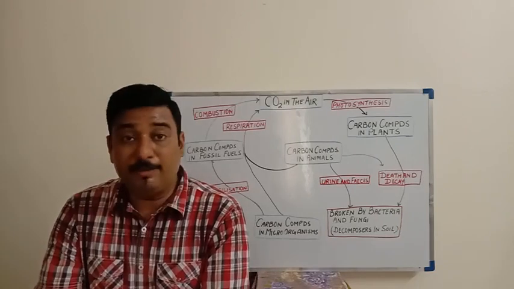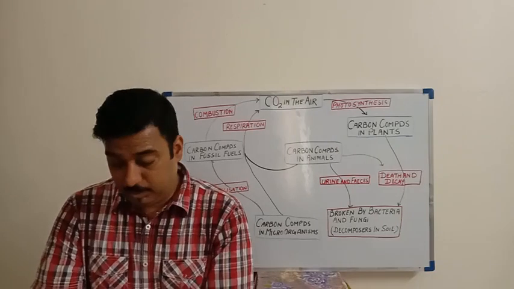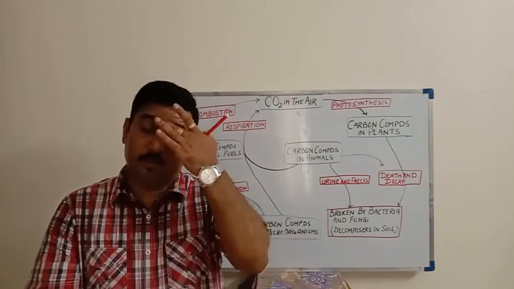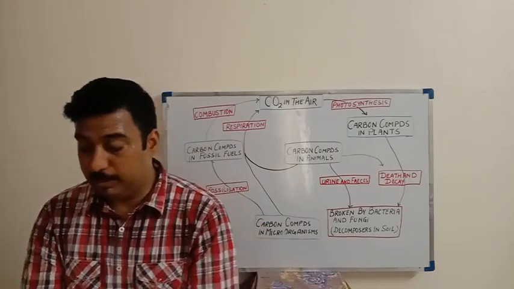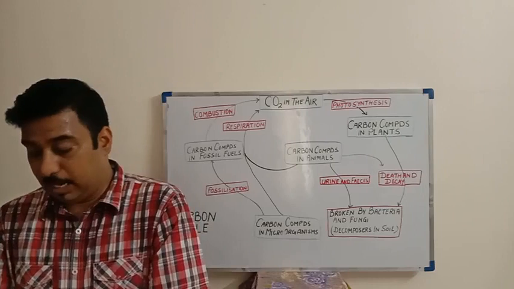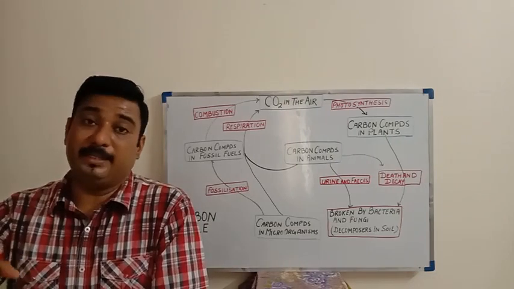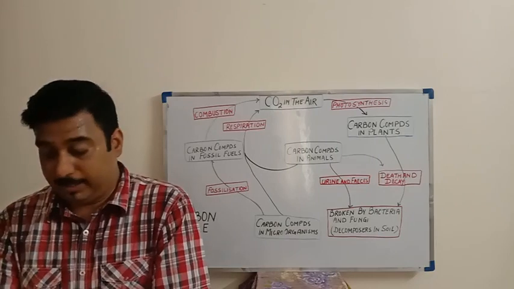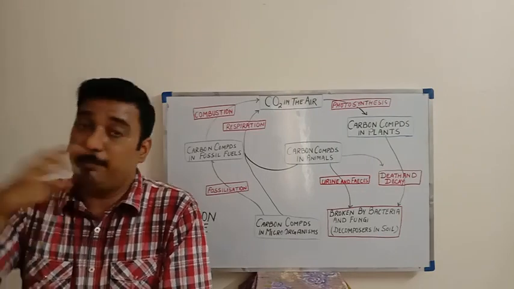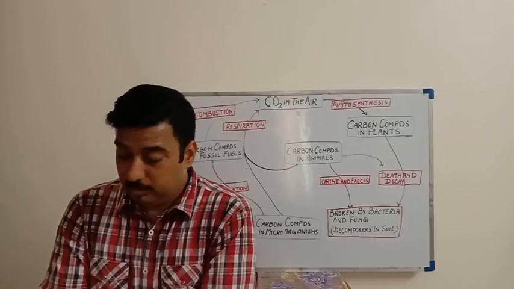Then combustion: when fossil fuels are burned, such as wood, coal, petroleum, natural gas, what happens? The carbon dioxide which is contained is released. The organic matter gets oxidized to carbon dioxide, and that carbon dioxide is given back to the atmosphere.